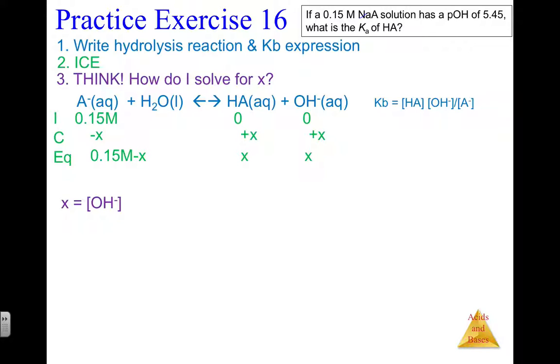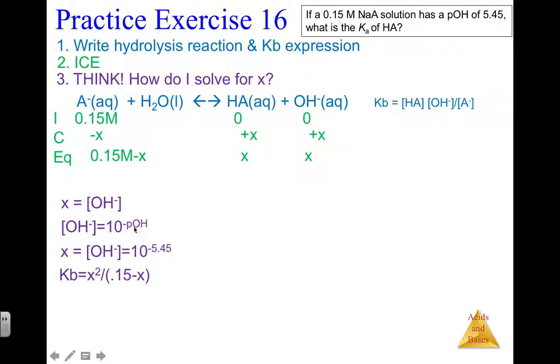Well, X is my hydroxide molarity, and we're given a pOH. I know I can solve for hydroxide by taking 10 to the negative pOH. So that's 10 to the negative 5.45. I know X, so I can solve for Kb, right? X squared over 0.15 minus X. So I plug in 10 to the negative 5.45 for X. I have 8.39 times 10 to the negative 11th.